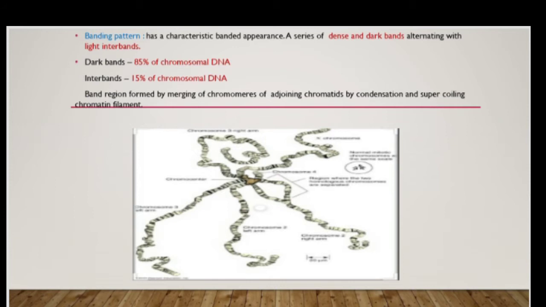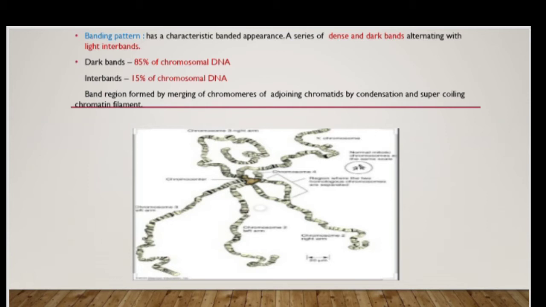You can see the dark and light bands in the picture. 85% of the chromosomal DNA, that is the major portion of DNA, is present in the dark bands, and only 15% of chromosomal DNA is present in the interbands, or the light bands.